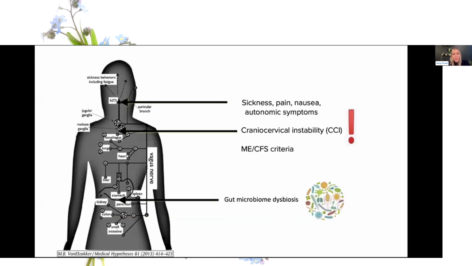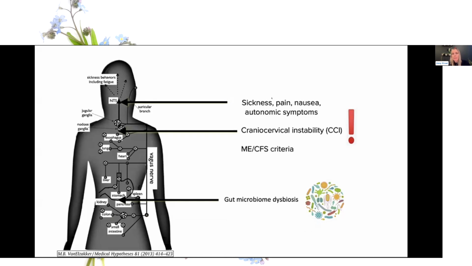Another person could have really bad gut microbiome imbalance. They could also have craniocervical instability, which we know is where there are actual structural abnormalities, where the top of the head actually compresses the brainstem structurally. This person who has those two ongoing issues might also have issues with the gut, the vagus nerve, and the brainstem directly via compression.